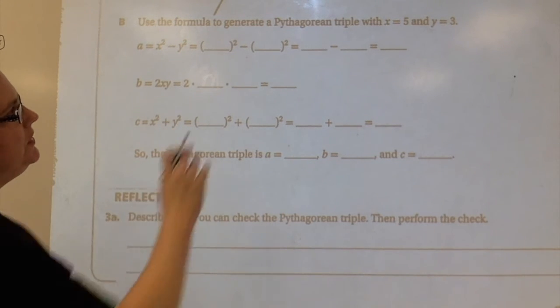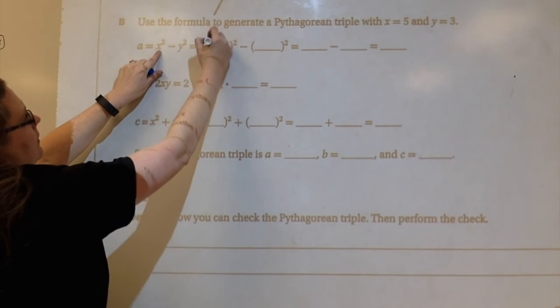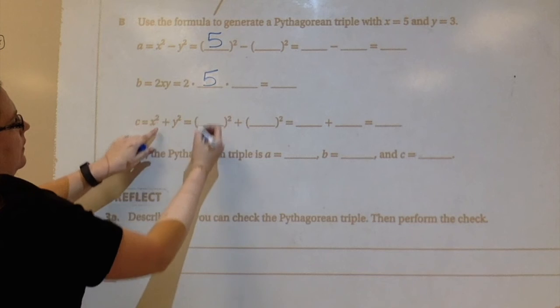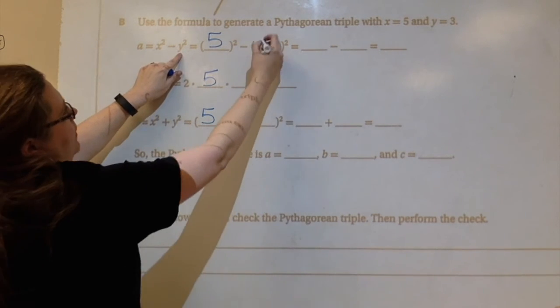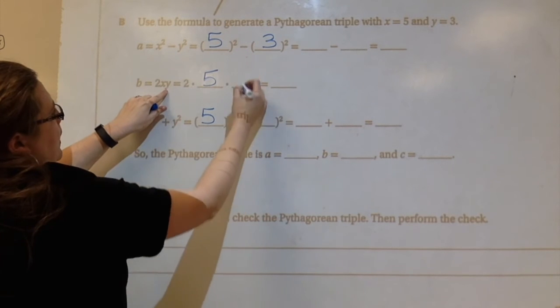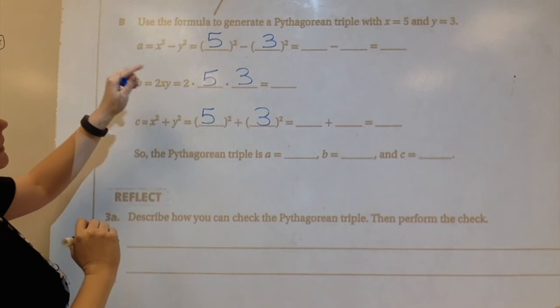So all we're going to do is substitute 5 in everywhere we see an x, and substitute a 3 everywhere we see a y. And then we're going to simplify.